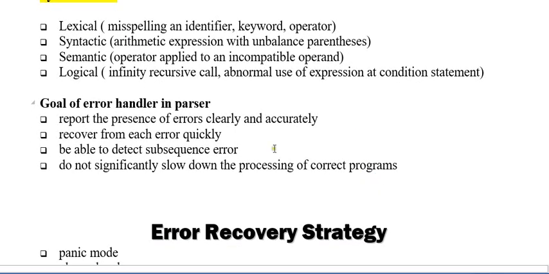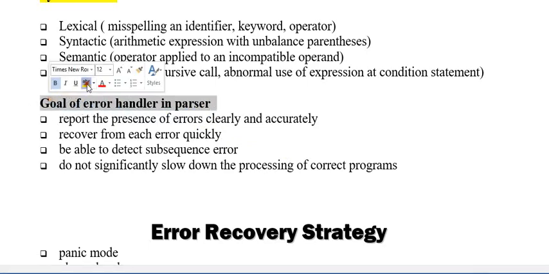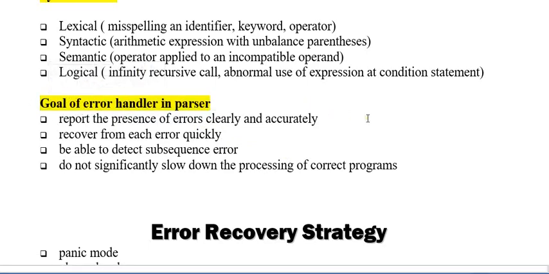Okay. Now moving on to the next, the goal of the error handler in the parser. This one is also a very important question for your exam. The goal of the error handler in the parser is first to report, then to recover, then to be able to detect subsequent errors, and lastly not to significantly slow down the processing of the program.